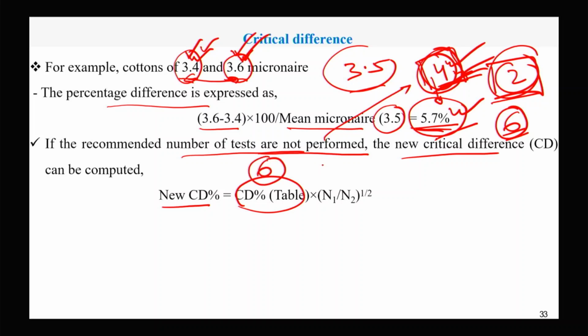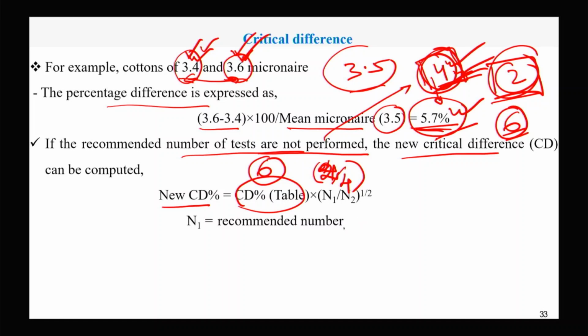Now 4 was actually required, and N2 is our actual number of samples, which is 2. So our critical difference requirement will be changed.